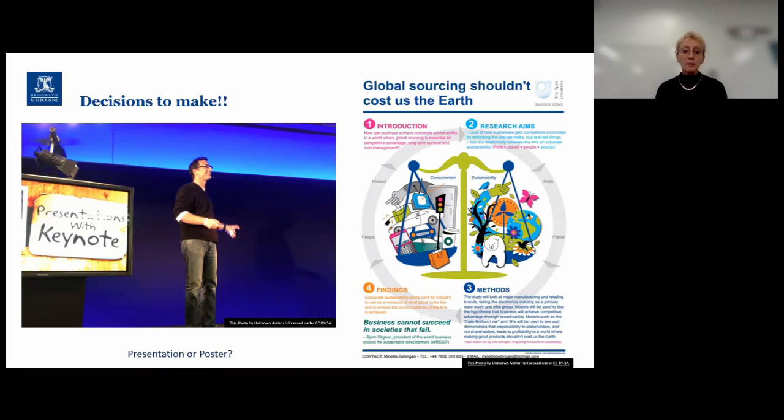You're also, with a poster, depending on what the conference organisers have planned, sometimes they have poster presentation time in the conference program. So even as a poster presenter, you are expected to be by the board where your poster is, so that if people come round, they can ask you questions about your poster.